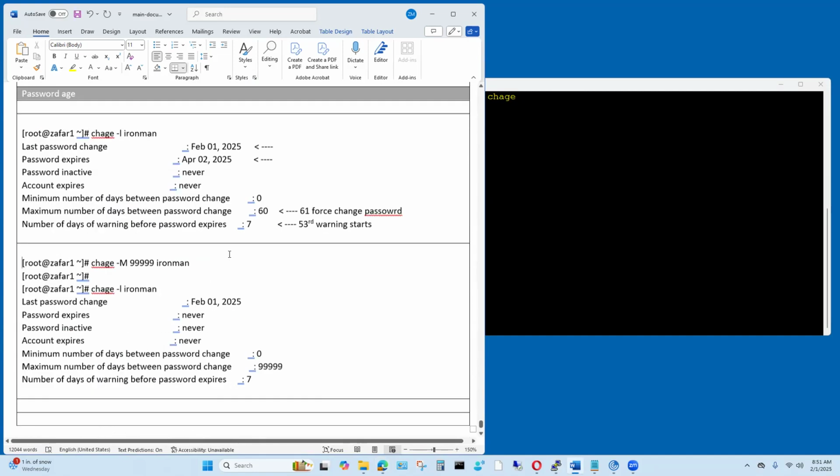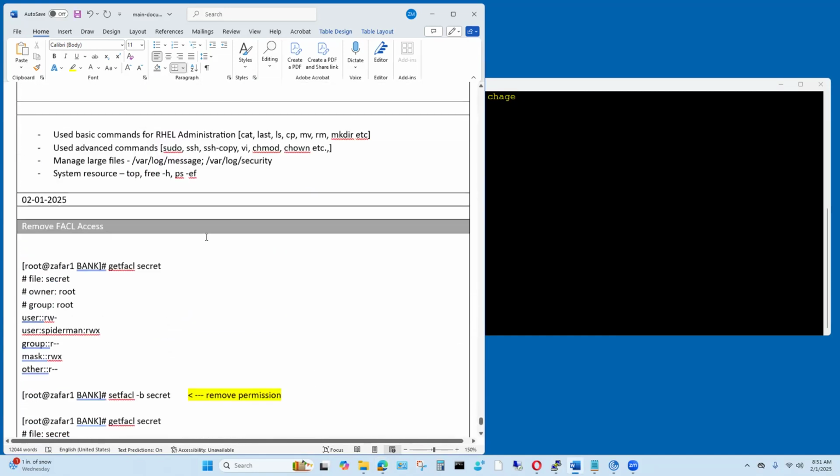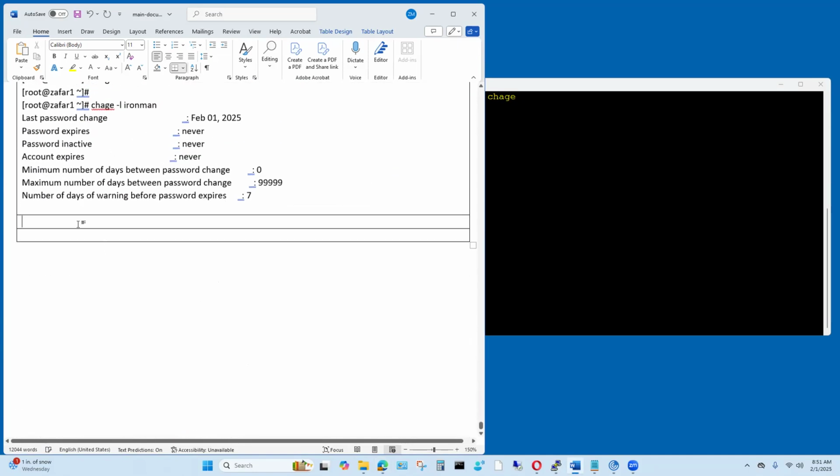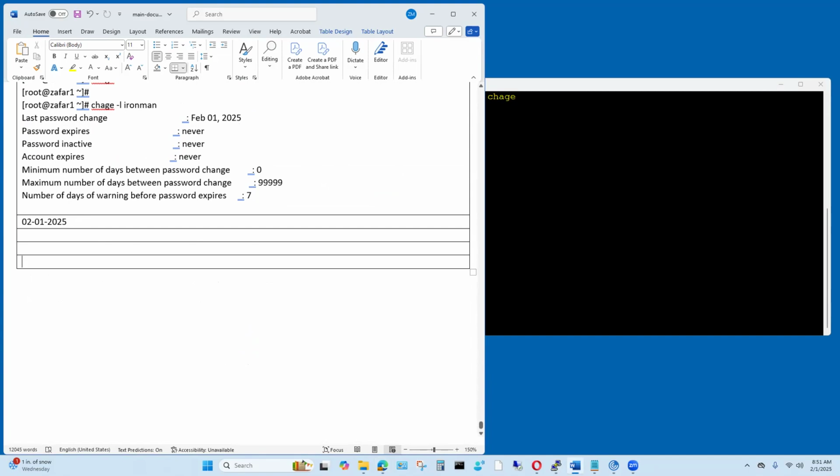Now we're going to come to disk management.